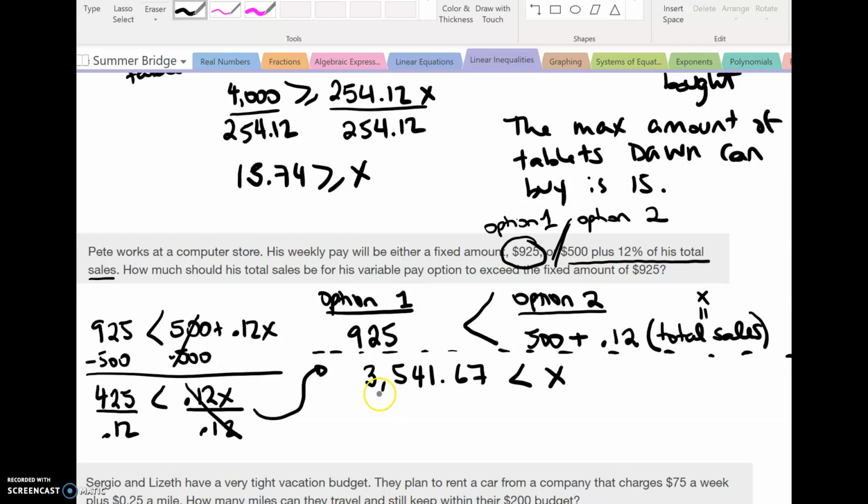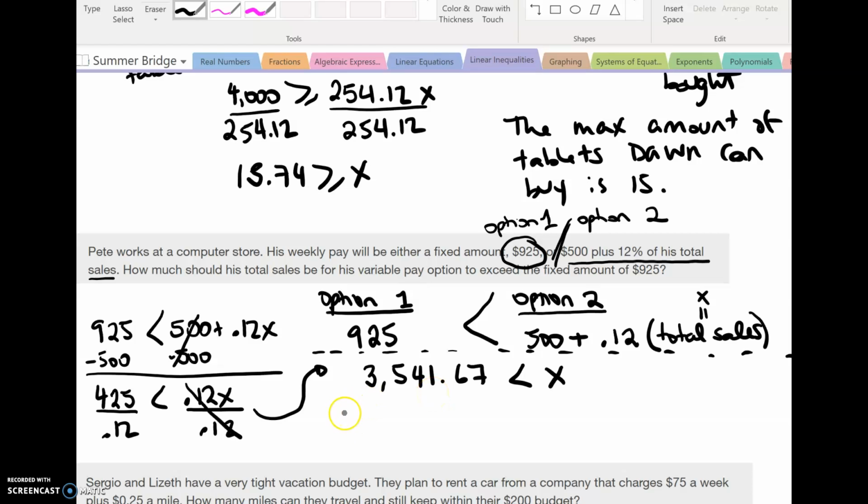So 3,541.67, this is the minimum amount of sales that Pete needs to make in order for option 2 to be a better option for him.